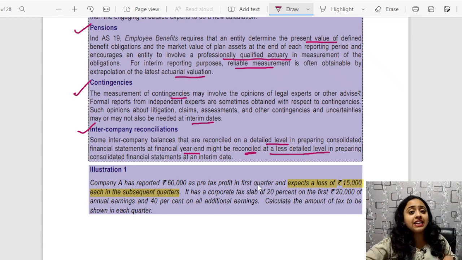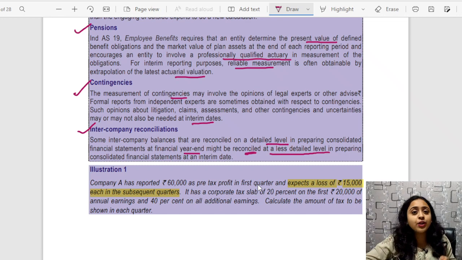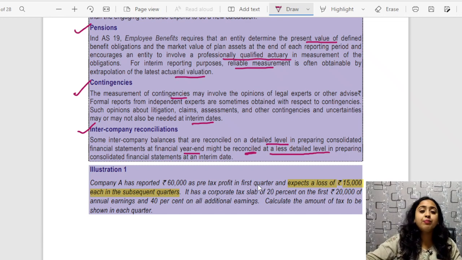There is a relaxation given as per Ind AS 34 while preparing interim financial statements: you can skip some steps, use estimates, take approximations, and use the annual figures and accounting policies. You can prepare figures at a lesser detailed version. This is all relaxation given as per Ind AS 34.